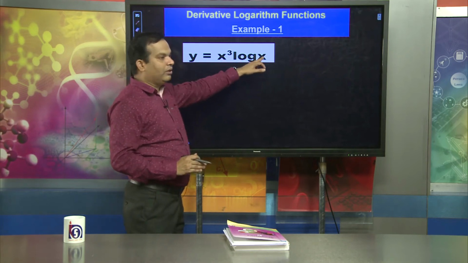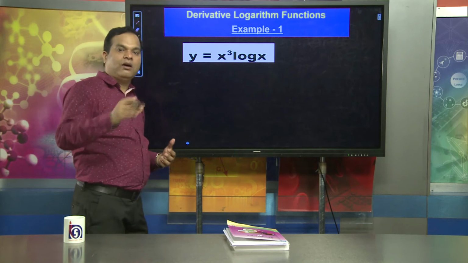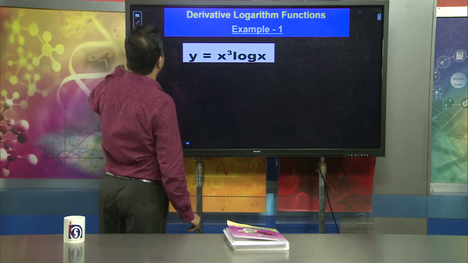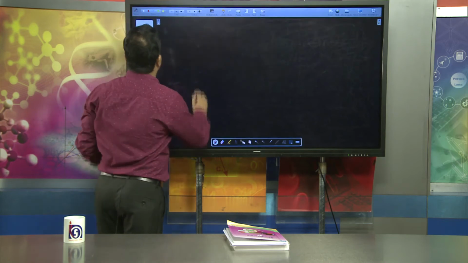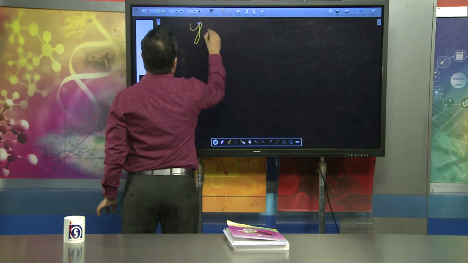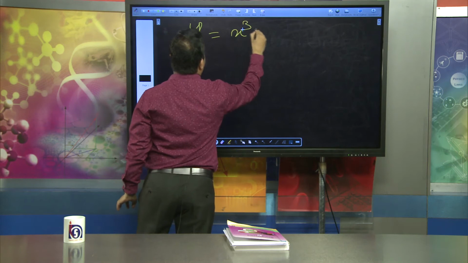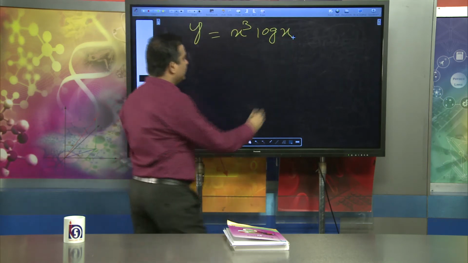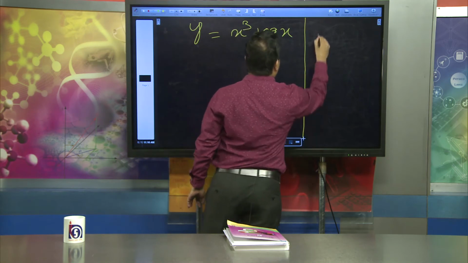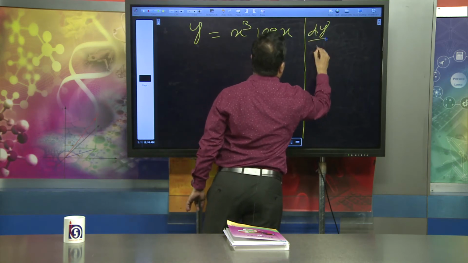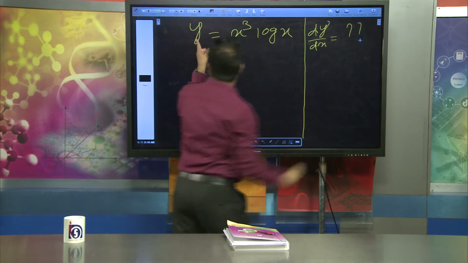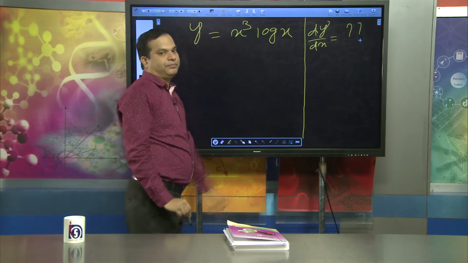Log x is involved, so we will apply the formula of the logarithm function. That means it is asking for the value of dy by dx if y equal to x cube log x.